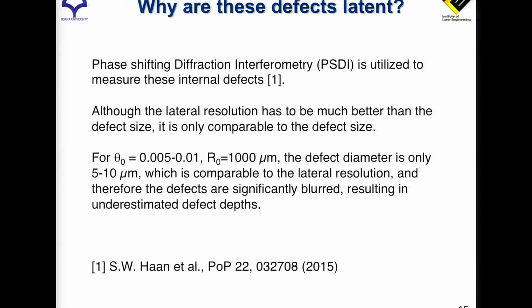For example, theta 0 is 0.005 to 0.01, and R 0 is 1,000 micron. That means the defect diameter is only 5 to 10 micron, which is comparable to or even smaller than the lateral resolution of PSDI. Therefore, the defects are significantly blurred, resulting in underestimated defect depth.